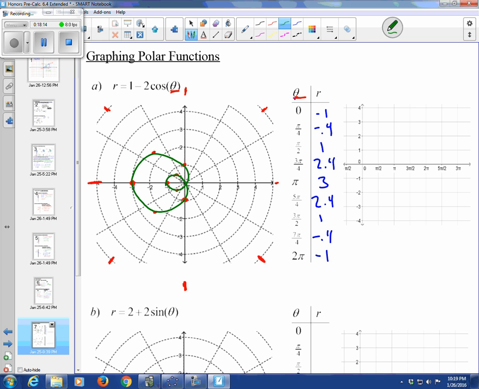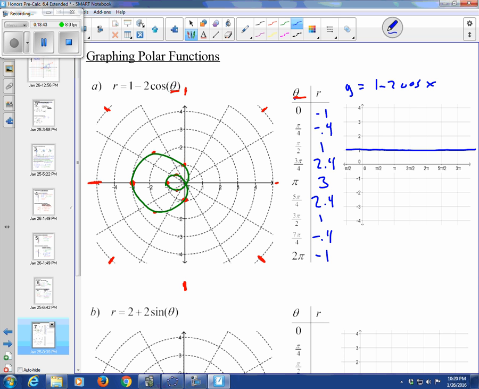Now, at this point, what I would point out is, we're going to use ordered pairs differently to get easier graphs, to get more accurate graphs later. But right here, this is a pretty decent graph for what I've done. And if we think about this with relationship to the graph of y equals 1 minus 2 cosine x, right here we would say that this is the graph that has the equilibrium line of +1.